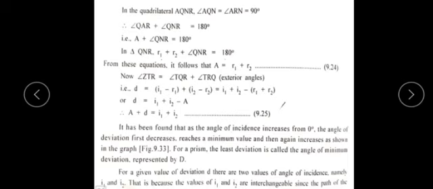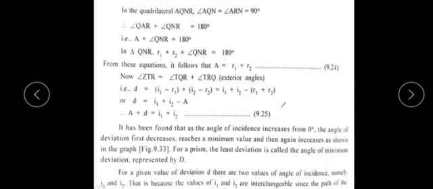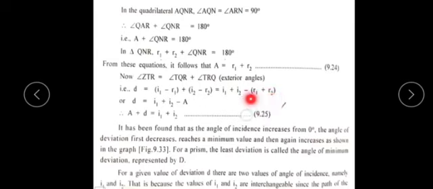Positive terms first: write I1 as it is and plus I2 as it is. For the minus R1 and minus R2, take the minus sign outside; the remaining terms are R1 plus R2. So D is equal to I1 plus I2 minus R1 plus R2.